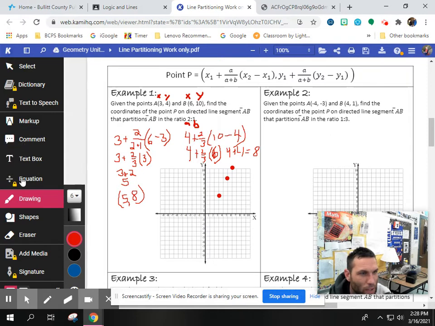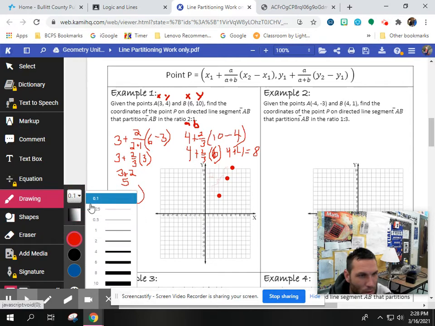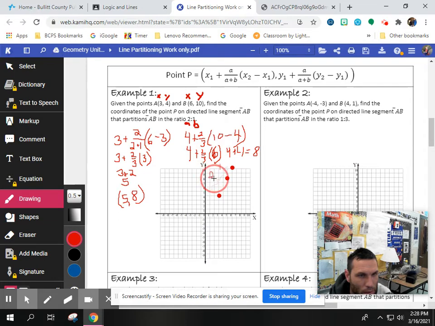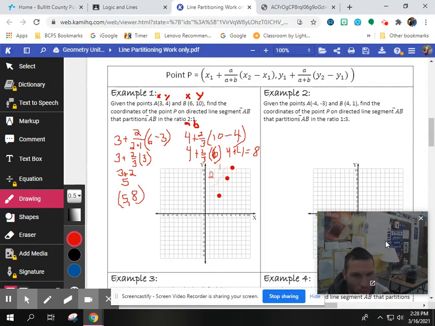If you look at this, you should see it going 2 to 1. It's partitioned 2 to 1. Okay, let's do one more.